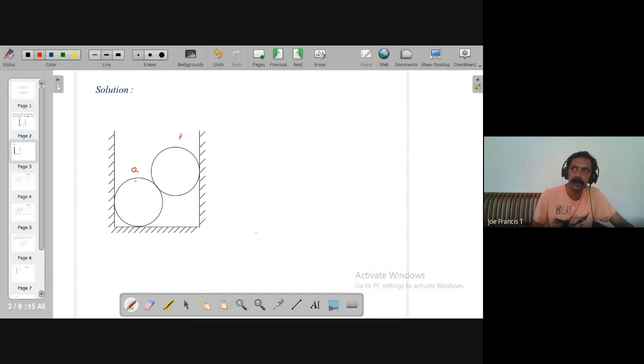So two spheres P and Q are resting in a channel. You are told that the width of the channel is 90 centimeters.